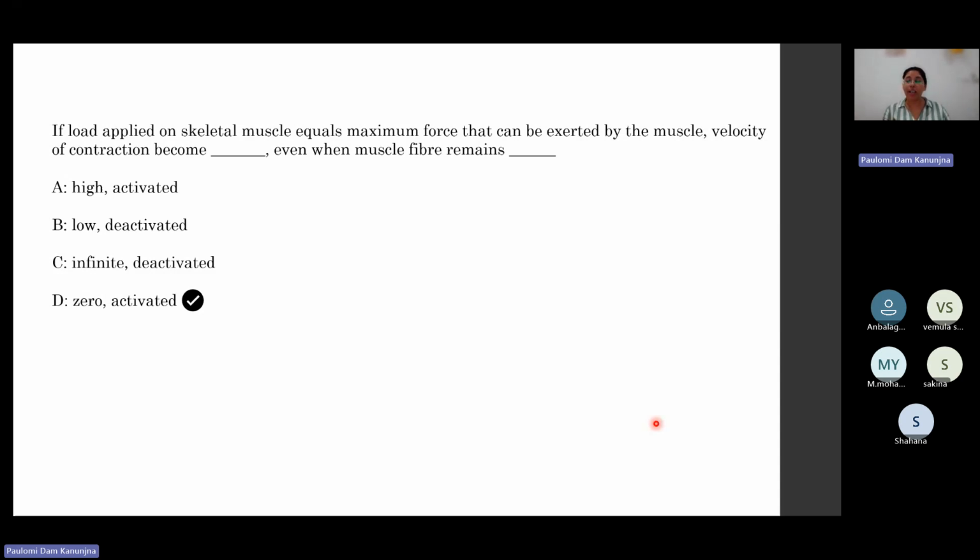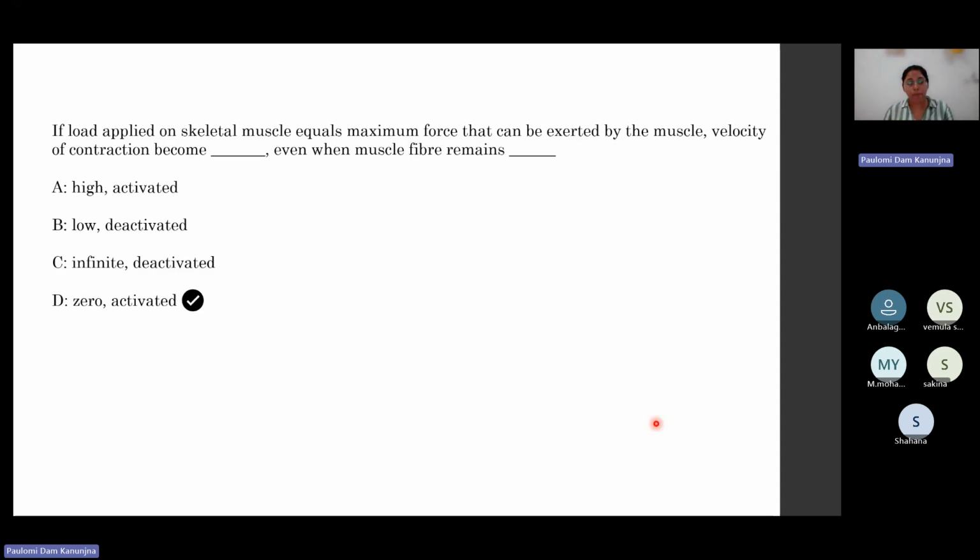We have just read that, right? You contract your muscle to do some work and that shortens the sarcomere. Now, when you have reached your maximum capability of force generation, you cannot contract anymore. When the maximum force has been exerted by the muscle already, no more contraction can take place.